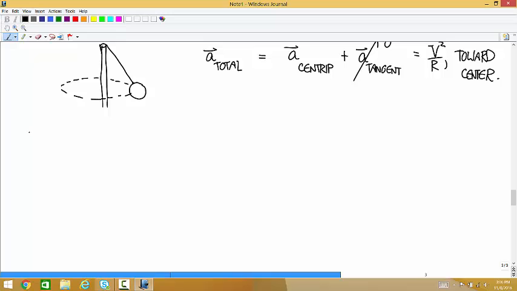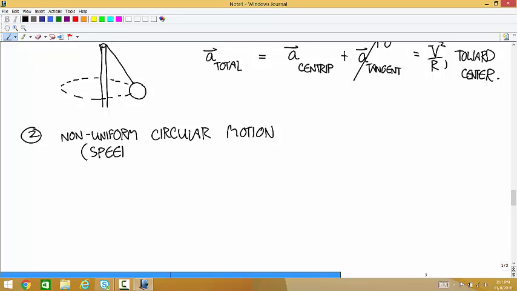And then the second category is just called non-uniform circular motion. Non-uniform circular motion is when the speed is changing. So an example is this loop-de-loop.